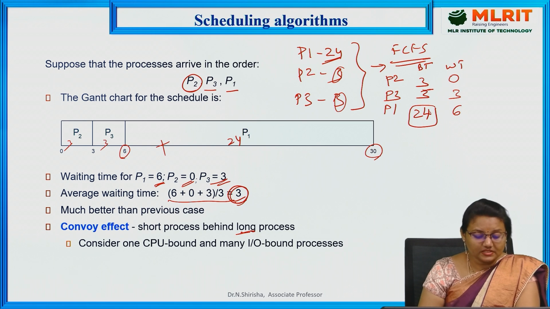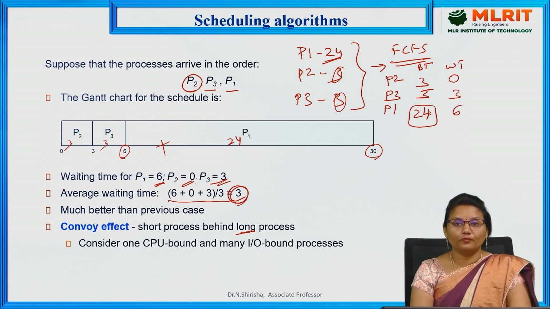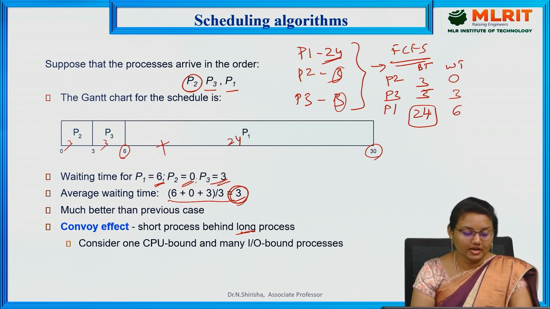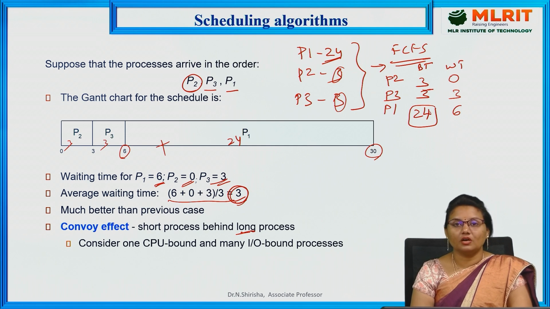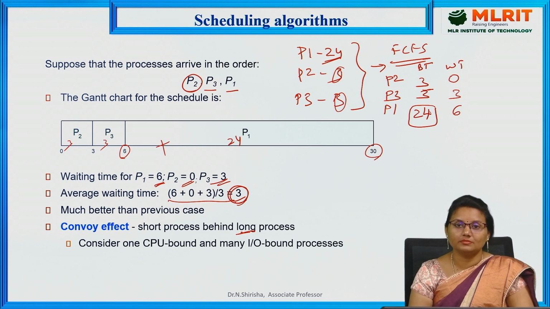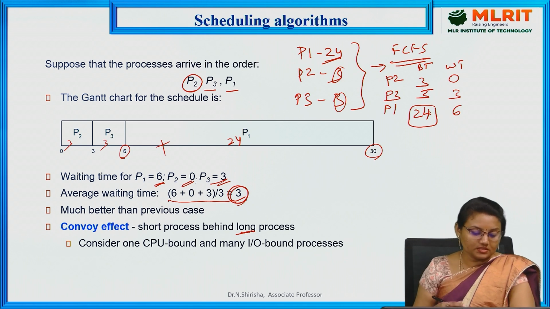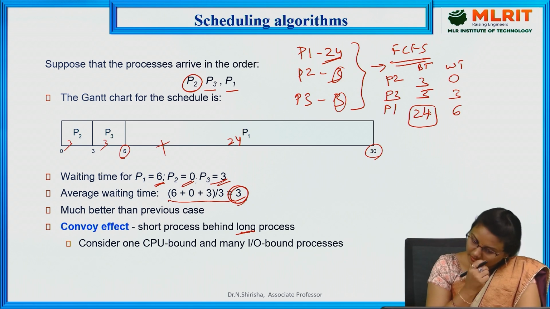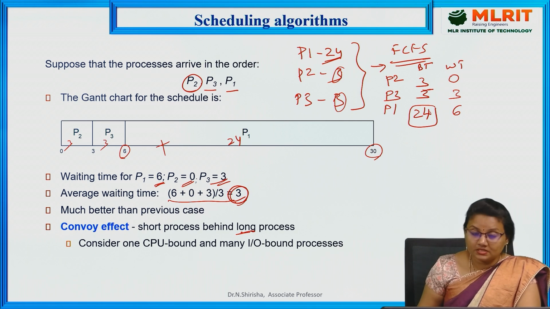So FCFS has one drawback, the convoy effect. Convoy effect is where shorter processes are behind a longer process, that means you have a process with a larger burst time initially. Consider one CPU bound and many IO processes. If that is the case, then there will be longer waiting time and longer response time.